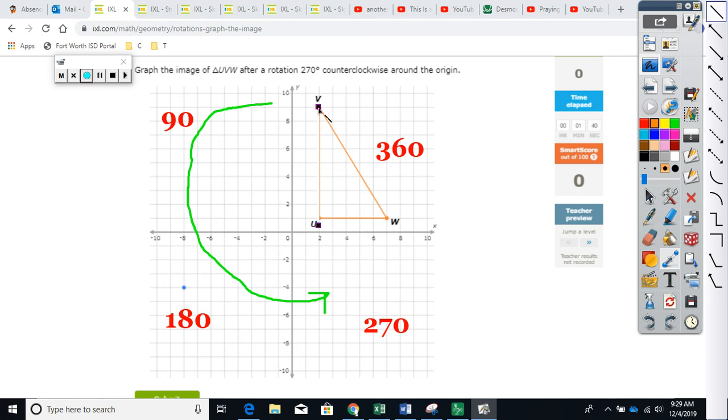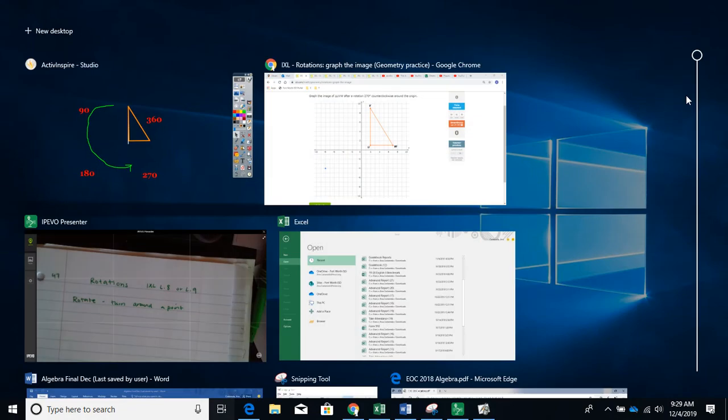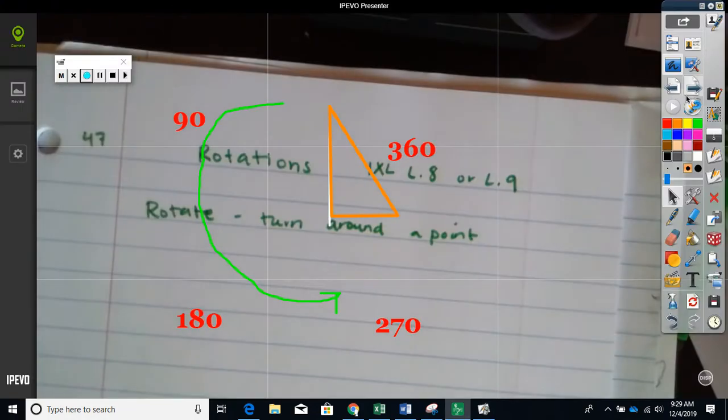Okay, let's try this again. So I'm going to take this triangle, and what I'm basically doing is I'm going to move this, and or not, is rotating this one over here. Maybe I'll need to do it on paper. Let me do it on paper, because that did not work out. Alright, so let me try to do that.